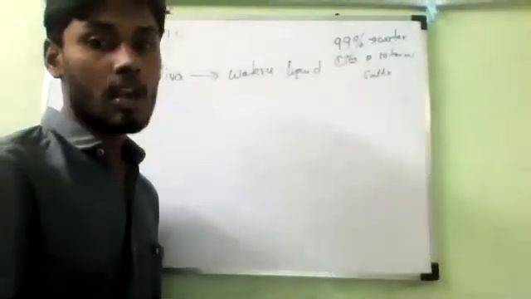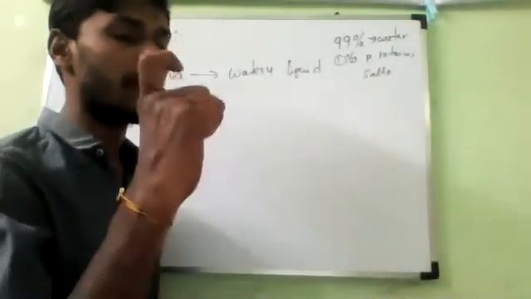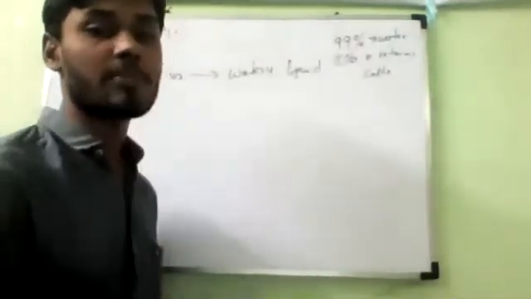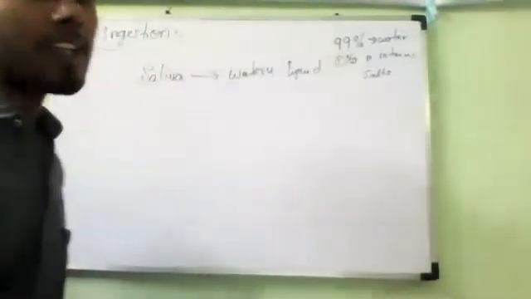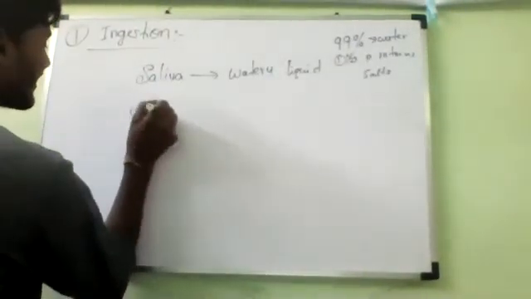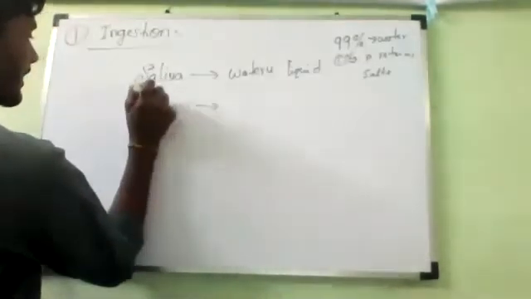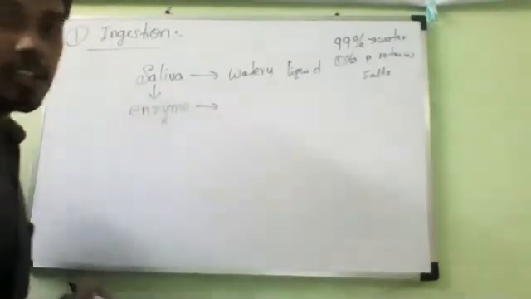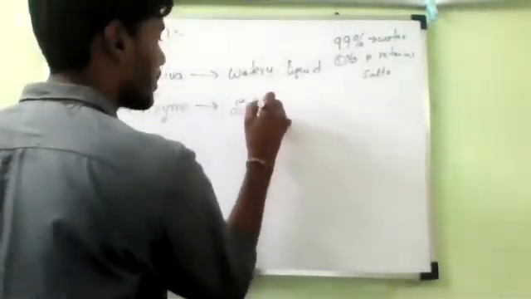Understand? So now, the human saliva contains a very, very important enzyme called salivary amylase. Remember, what is that enzyme? What is that enzyme name? The enzyme released by the salivary gland is salivary amylase. Note it down, everybody.